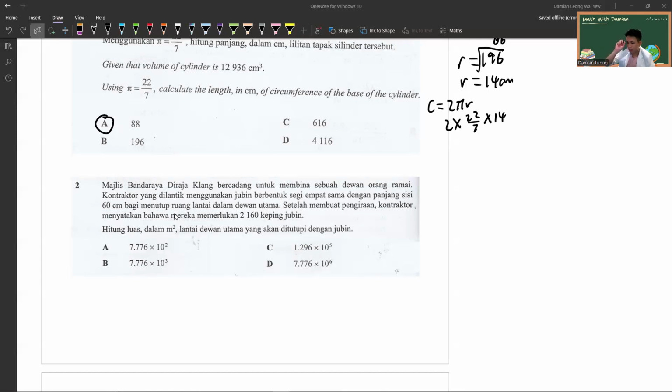Be aware this is in meter square, but the length of the side for tiles that we have is in cm. So when we convert units, it's better to convert from the length. 60 cm is basically 0.6 meters.